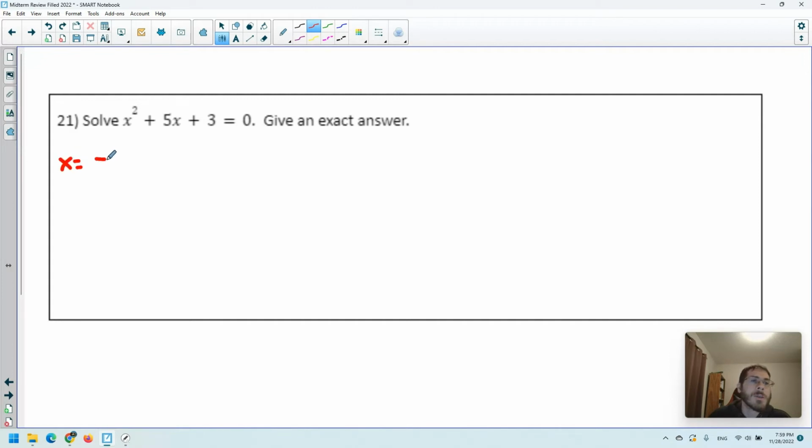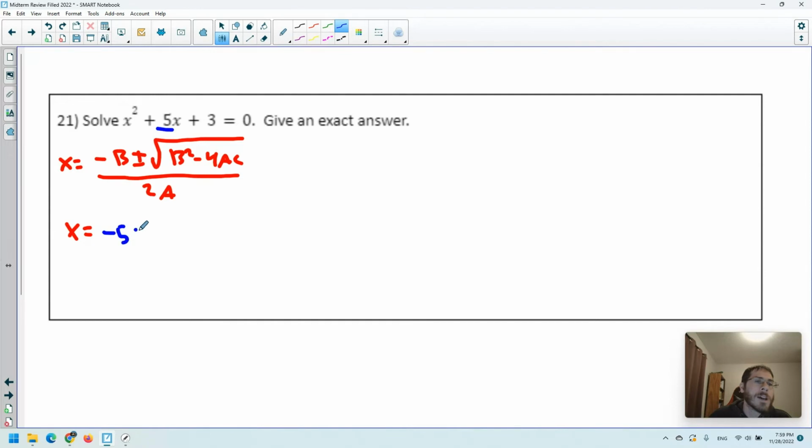So x equals negative b plus or minus the square root of b squared minus 4ac all over 2a. So b in this case is going to be 5. So negative 5 plus or minus the square root of 5 squared minus 4 times a. A in this case is going to be 1 because there's 1x squared. And then c, I already used blue.